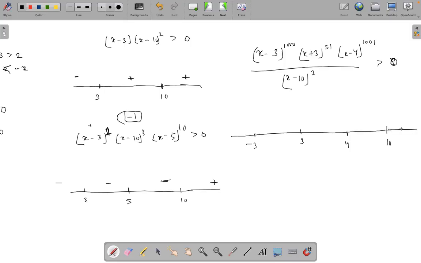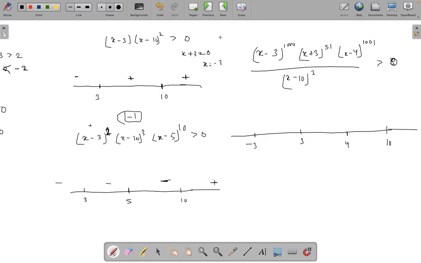Why didn't we write minus 4 and minus 10? You don't have minus 10 anywhere. We wrote minus 3 because of x plus 3. So you have to write the zeros, right?